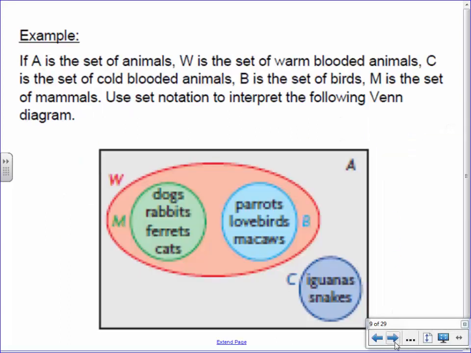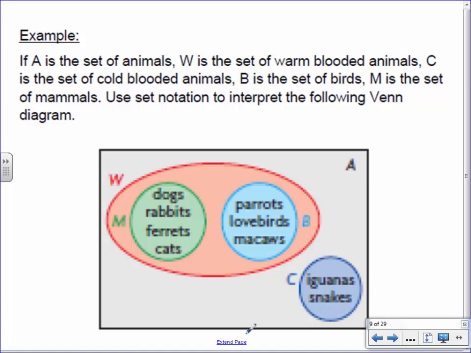Okay, let's move forward here. Here's another silly example, but honestly most of the ones in this unit are silly. A is all of the animals in the world. W is all the warm-blooded animals. C is all of the cold-blooded animals. B is your birds. M is your mammals. What I want to do is start using some set notation to describe how these things work with each other.